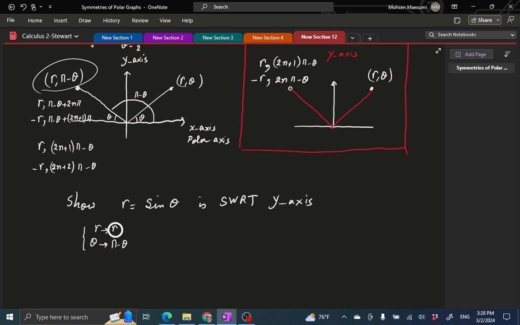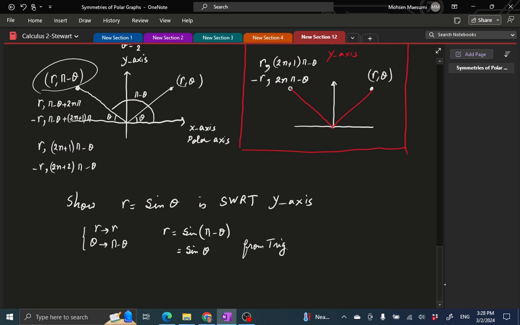But r replaced by r means just leave it alone. Right hand side, replace theta by pi minus theta. Well, from trigonometry you need to know that sine of pi minus theta is indeed equal to sine theta. This is a fact from trigonometry.